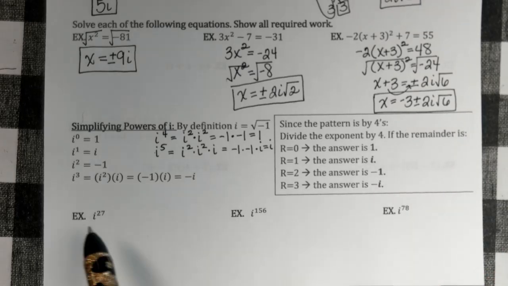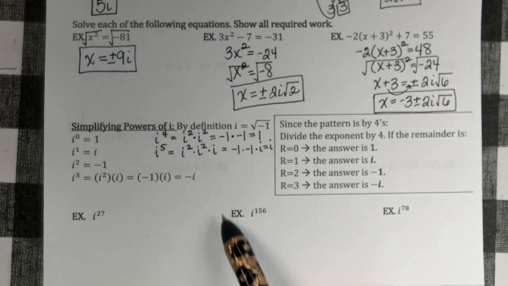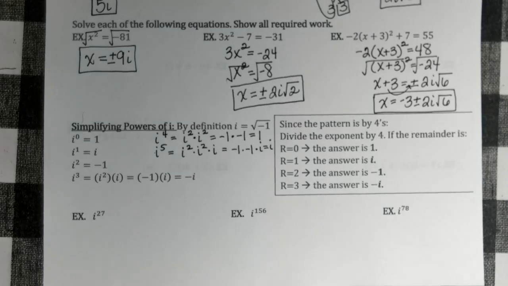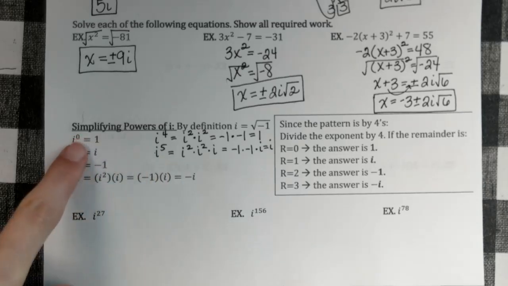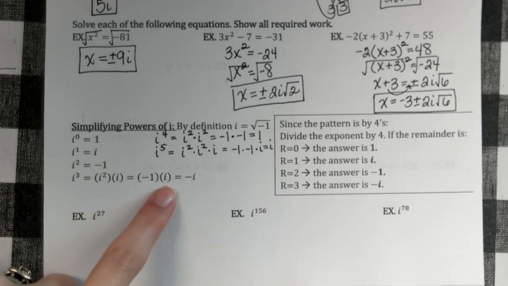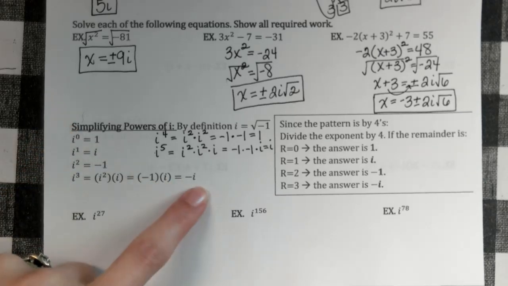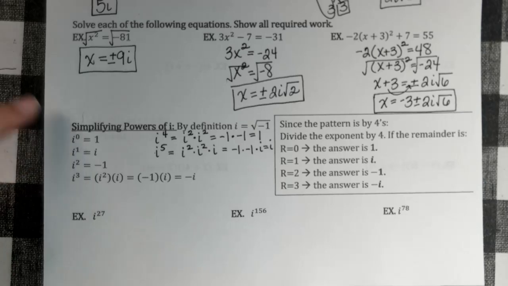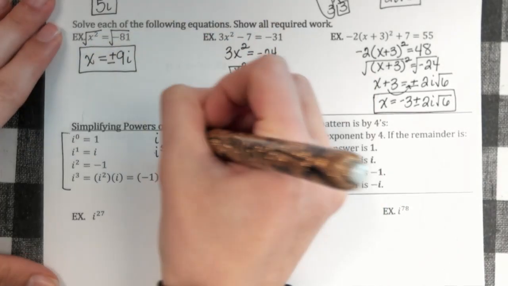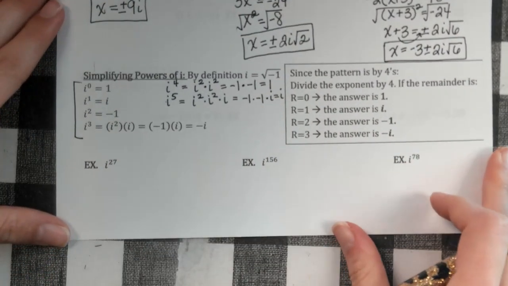So instead of taking i to the 27th power or i to the 156th power and breaking that like I just did, there's a rule that if you take that exponent and divide it by 4, because it's a pattern of 4, and take the remainder, that remainder is your new simplified exponent that gives you one of these 4 answers. Okay, so if you don't know these, you're going to have trouble when it comes to your test.